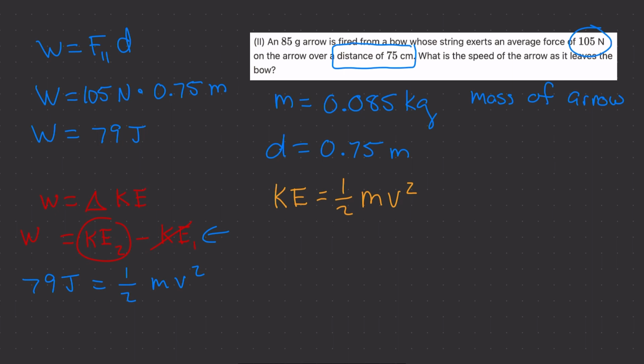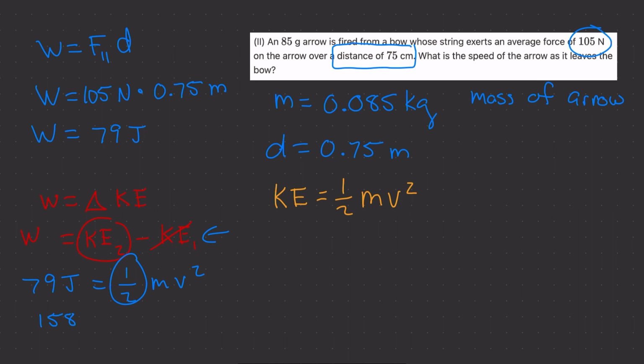And before I plug anything in, I know I'm already looking for velocity. So I'm just going to solve algebraically for velocity first before I plug the mass in and start to use the calculator. So I'm going to multiply both sides by 2, and I'm going to divide both sides by mass. From there, I'm going to take the square root, and I'll show you exactly why. When I multiply both sides by 2, take 79 times 2. All right, we're going to have 158 joules.